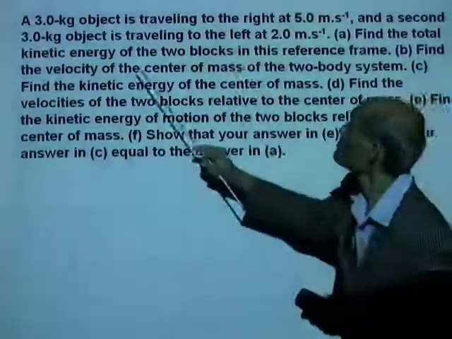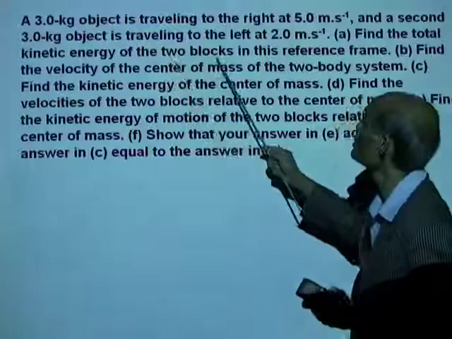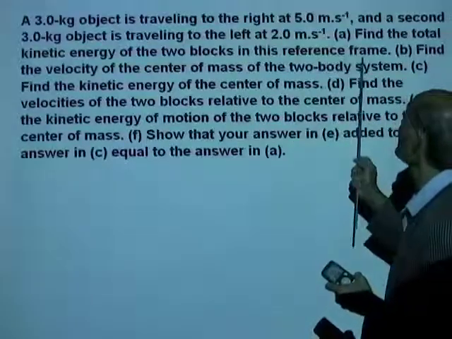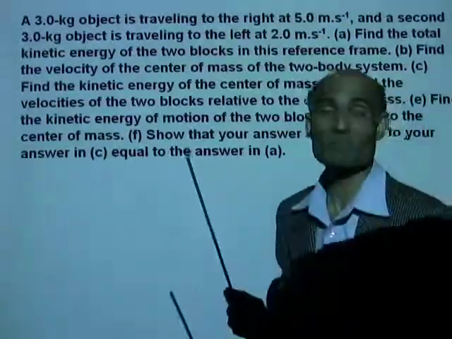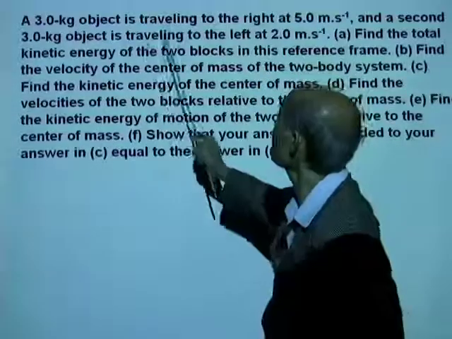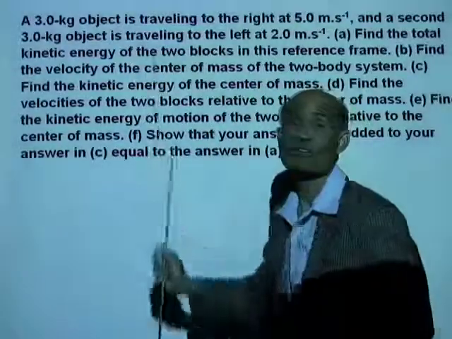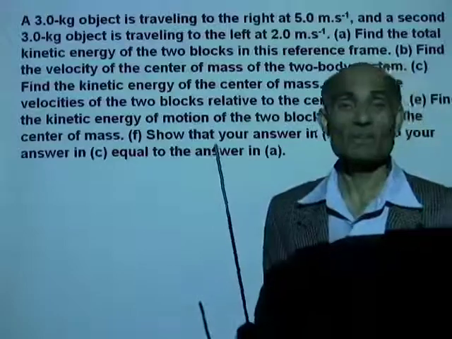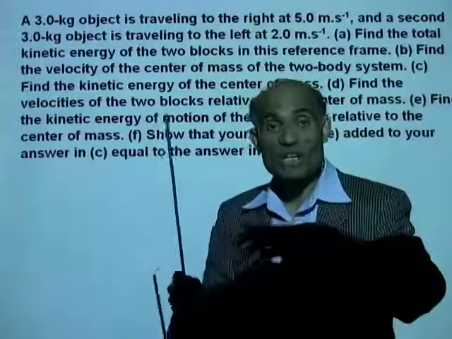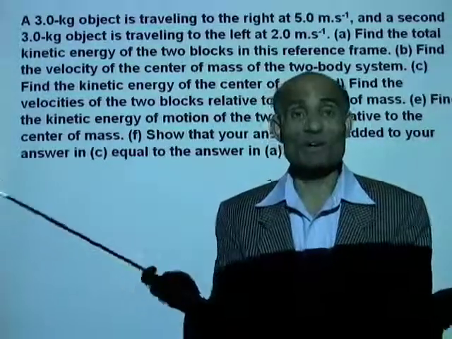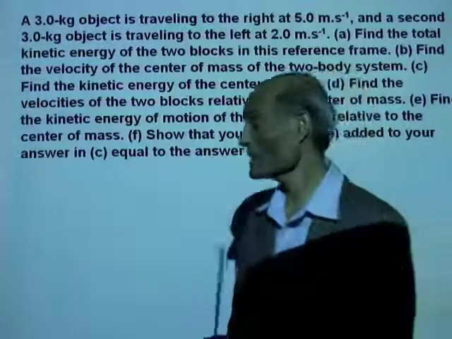A. Find the total kinetic energy of the two blocks in this reference frame. In what reference frame are these velocities measured? These velocities are measured in the lab reference frame where I am standing. You can see here.